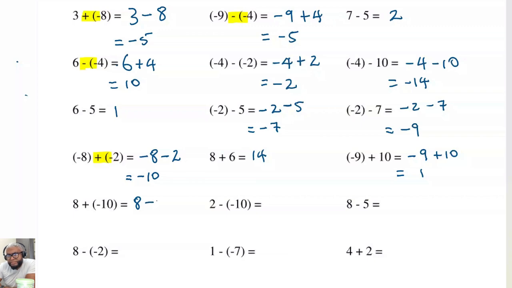Did you say subtract? I didn't hear you properly. Right, 8 take away 10, which will give me 2. And I keep the sign in front of the larger number, so it'll be -2, right? Francis, mute your mic.